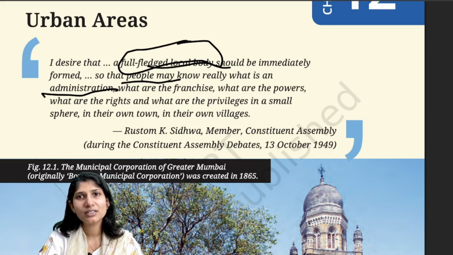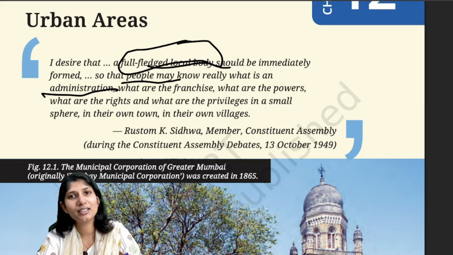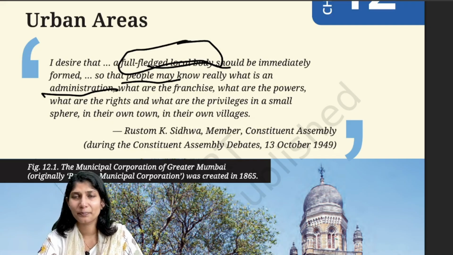If the lower levels are there to help out people's crisis, mitigate the issues, help them in times of need, and play the proper role that an administration is supposed to do, they will believe and have the same image for all the higher levels, that is state level and central level.